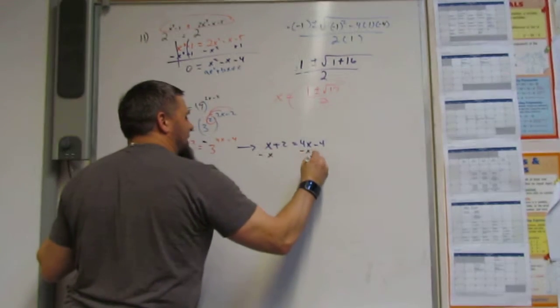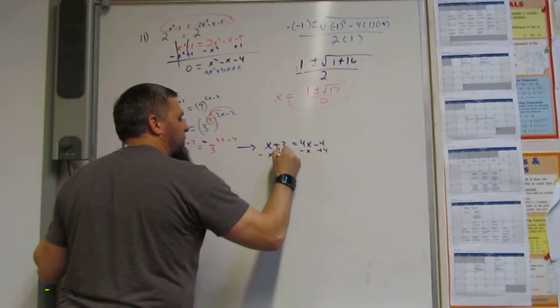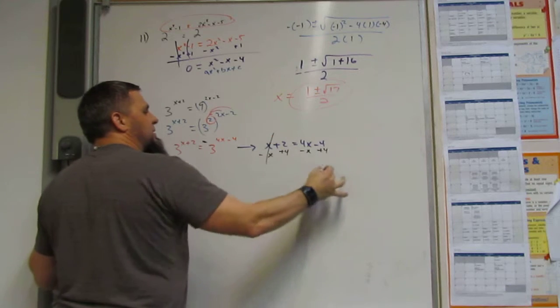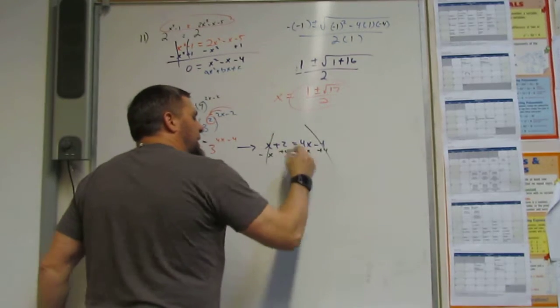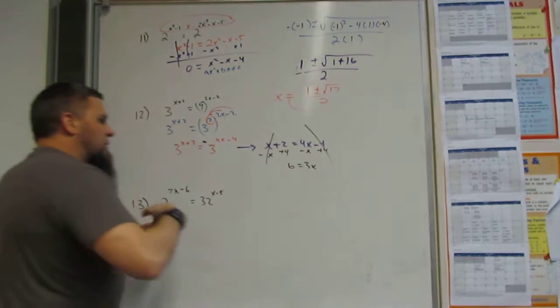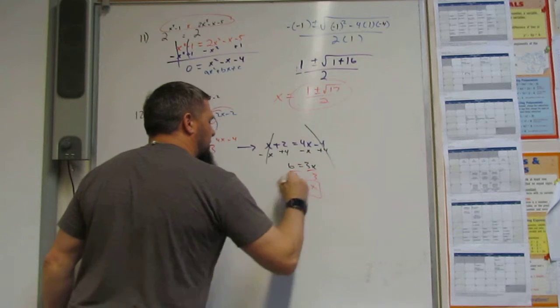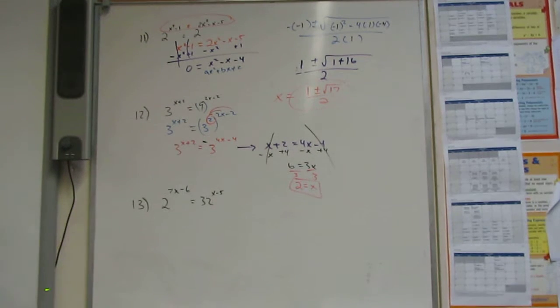Subtract x, subtract x. If I want to subtract the x here, I'm going to move the 4, plus 4, plus 4. That way I cancel on this side, I cancel on that side, and I get 6 is equal to 3x. Divide by 3, and I get 2 is equal to x. Pow! Easy peasy. Okay?